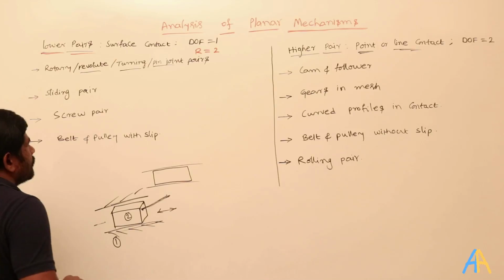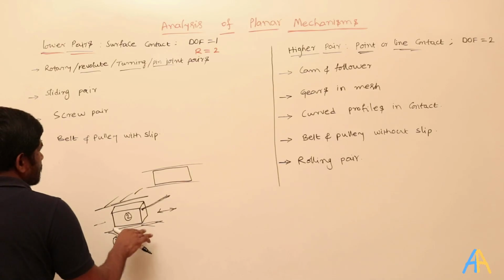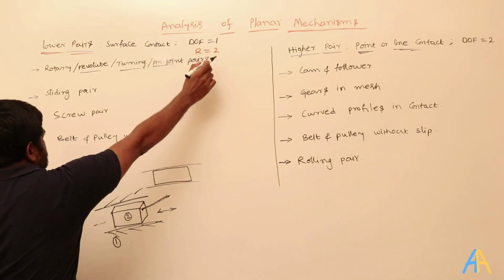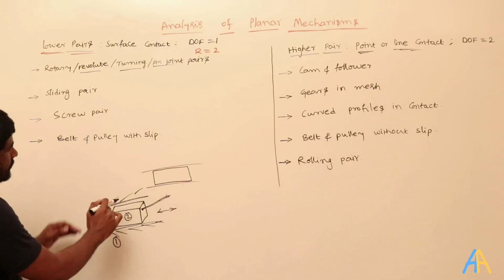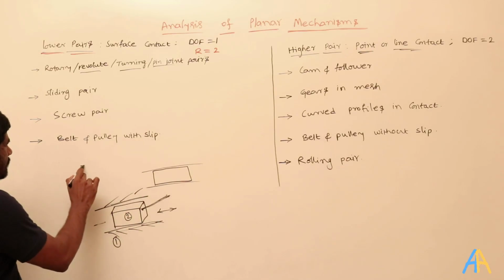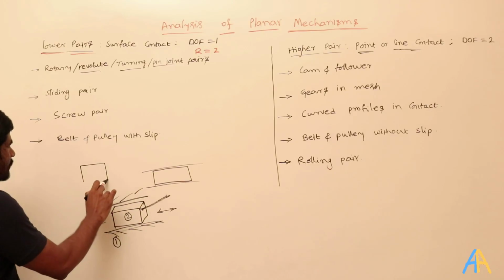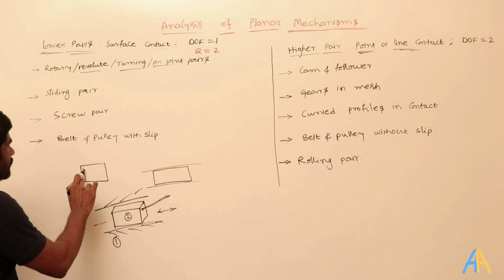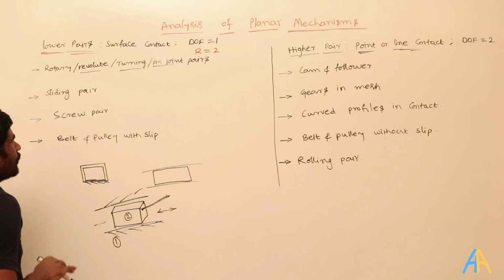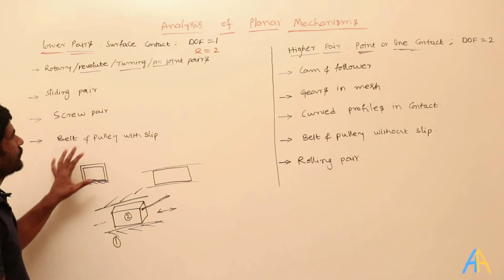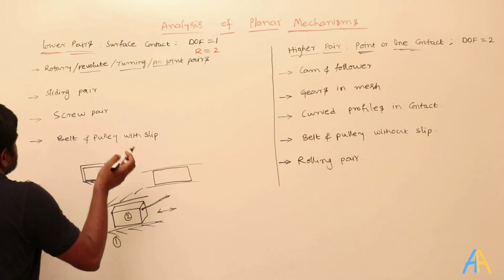So what is the degree of freedom here? The degree of freedom is only 1, and the restrictions are 2. See here, if I draw this, this is the groove. In this groove, it is going like this. If you look at the bottom, what is happening? The entire surface is touching here, so there is a surface contact. So the degree of freedom is only 1, and the restrictions are 2.